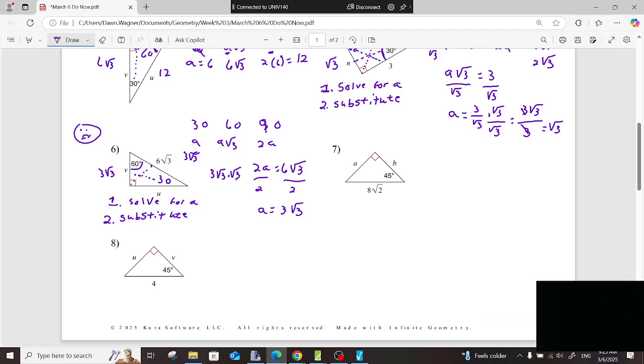What is square root 3 times square root 3? Yeah, this becomes 3, and the outside is 3. What's 3 times 3? 9. So across from the 60 is 9. Right?